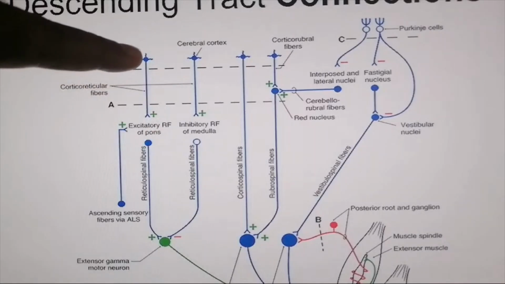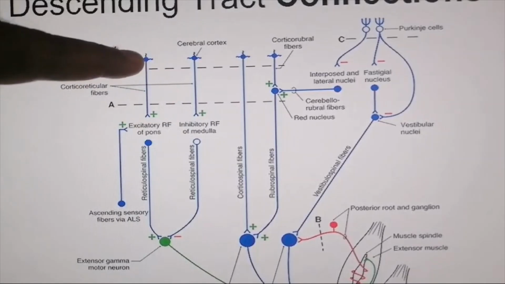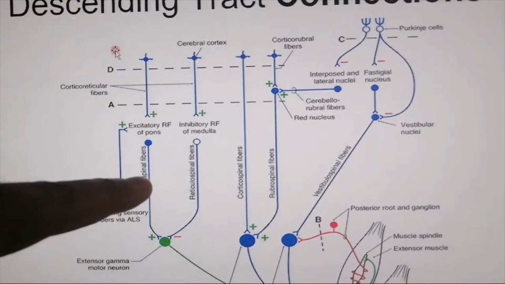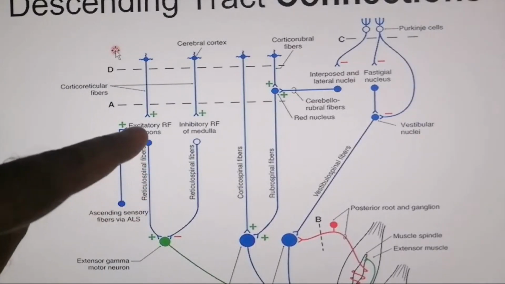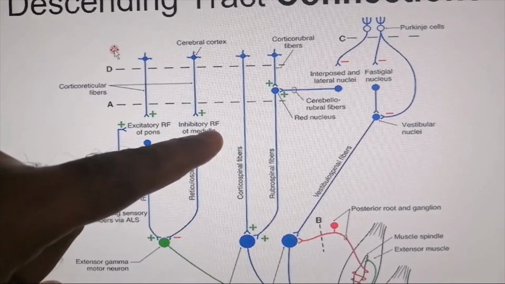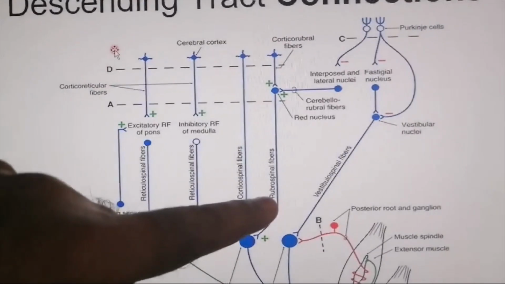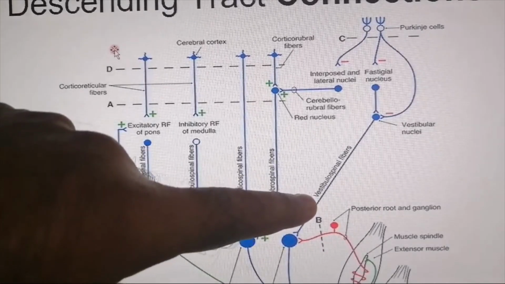Okay, so there are these two fibers, symbolic fibers, which start from the cerebral cortex and end on top of the tracts that we read yesterday. Which were those tracts? The tracts were reticulospinal fibers from the pons, reticulospinal fibers from the medulla, then corticospinal fibers, then rubrospinal fibers, and the final one was vestibulospinal fibers.